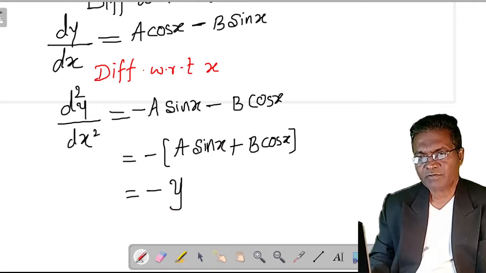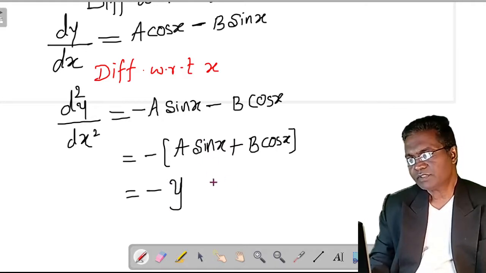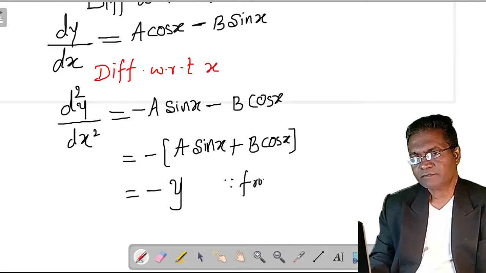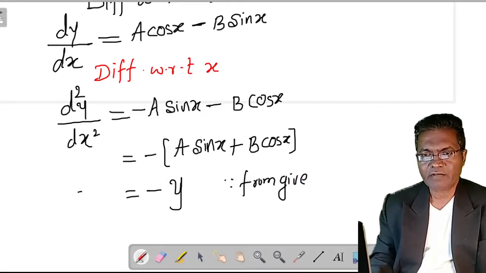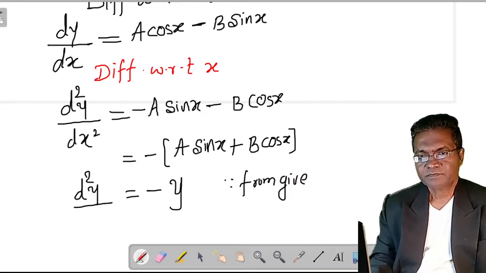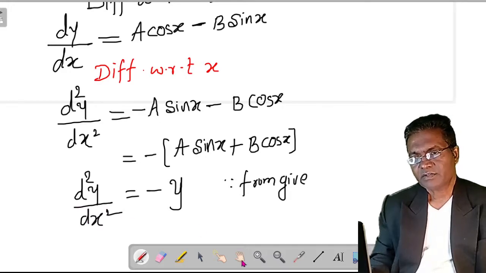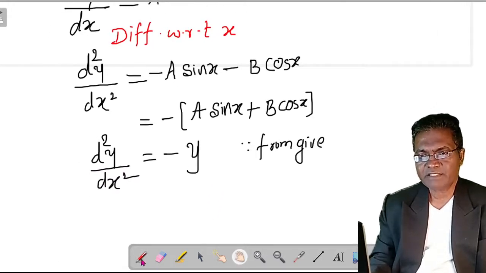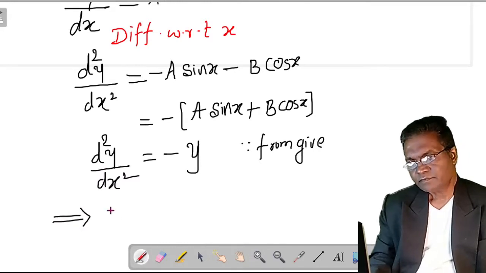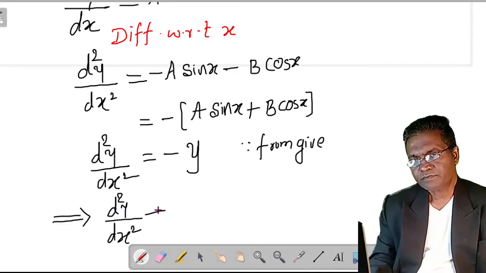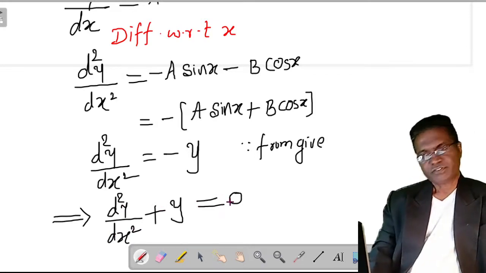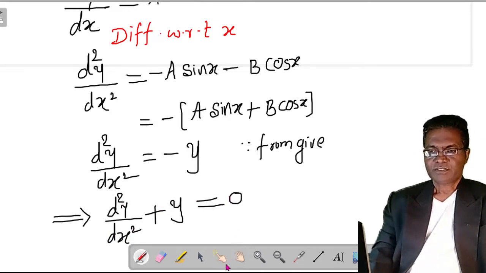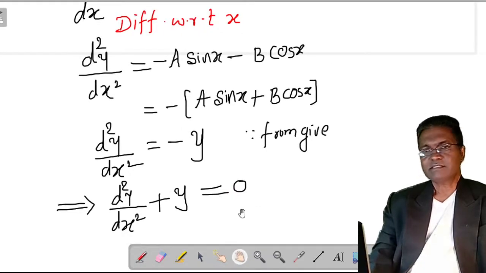This is your y, from the given, so I have replaced. Very simple. So bring y this side: d square y by dx square plus y equals to 0. So very easy, you can crack such examples.